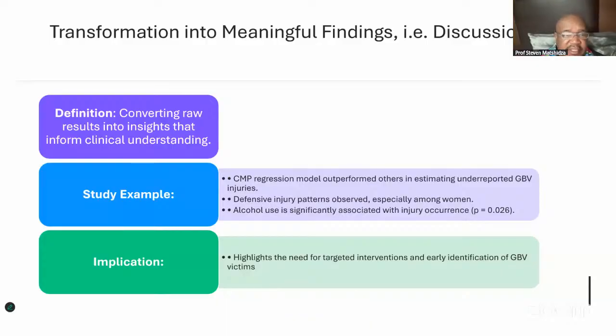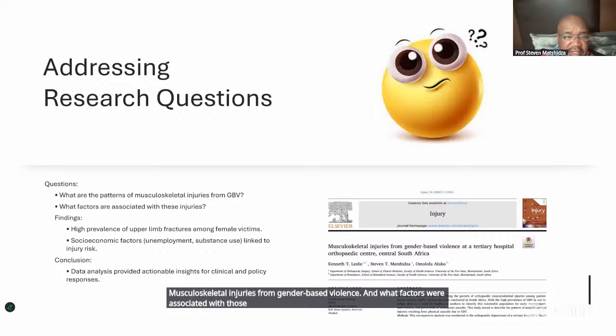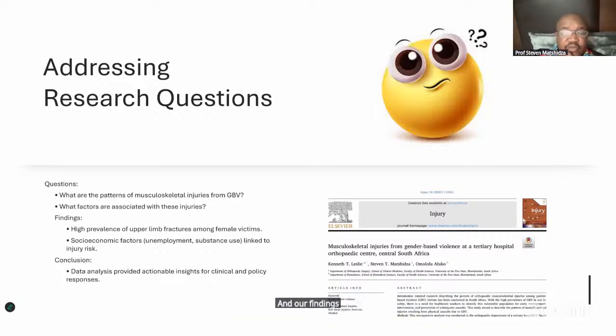So remember, you need to address your research question. For example, if we look at this article, what are the patterns of musculoskeletal injuries from gender-based violence? And what factors were associated with those injuries? And our findings were that high prevalence of upper limb fractures are more among female victims.